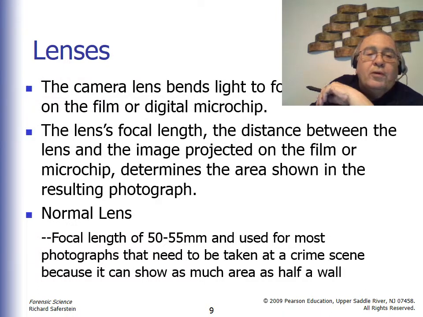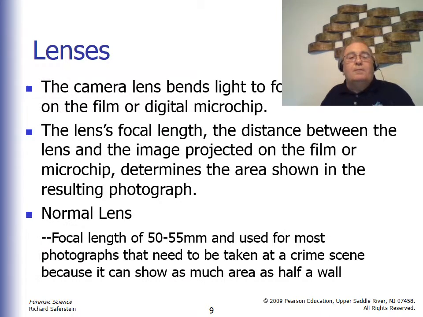Okay, we'll talk a little bit about lenses. Camera lenses bend the light to focus an image on the digital microchip or sensor that's inside the camera. The lens focal length is the distance between the center of the lens on the outside and a straight line to the sensor on the back of the camera, which is a microchip.